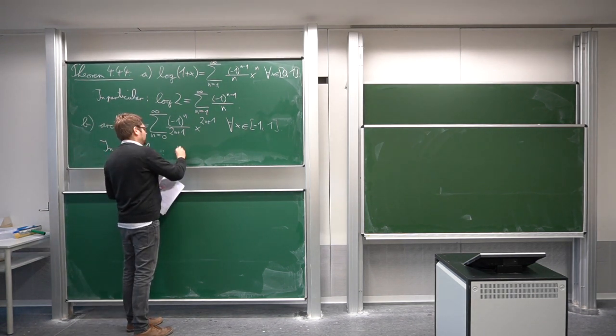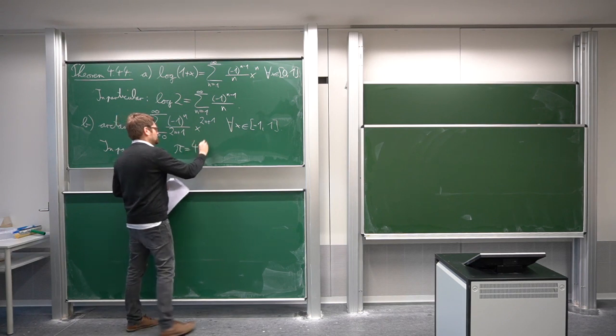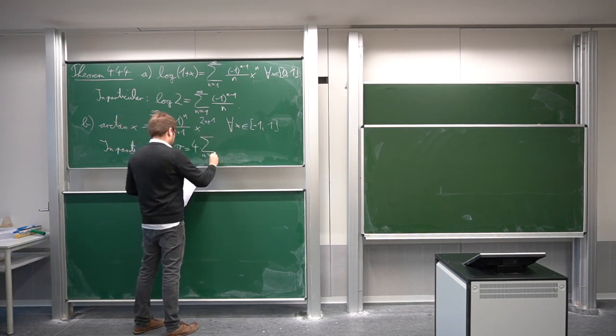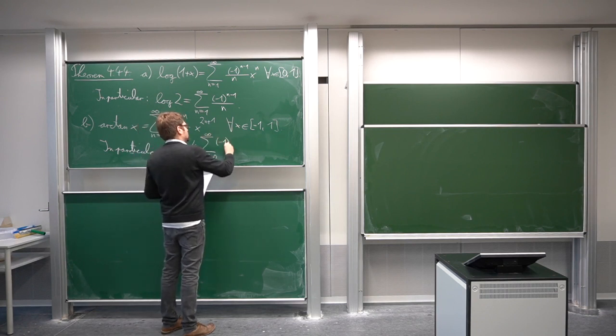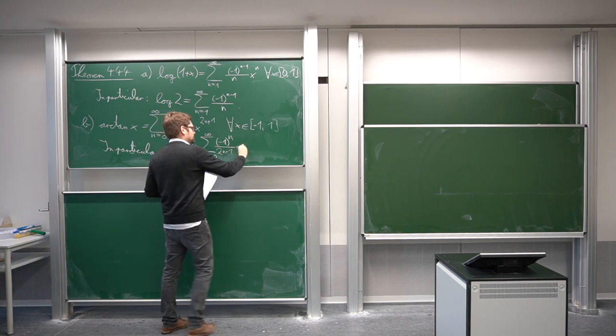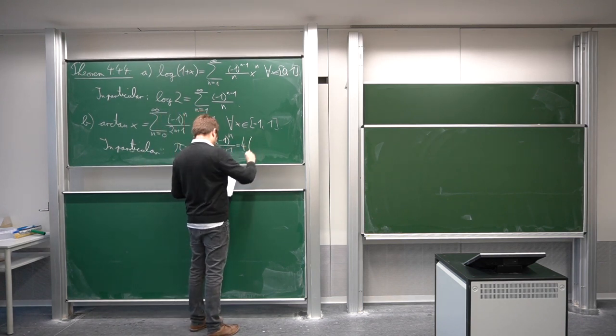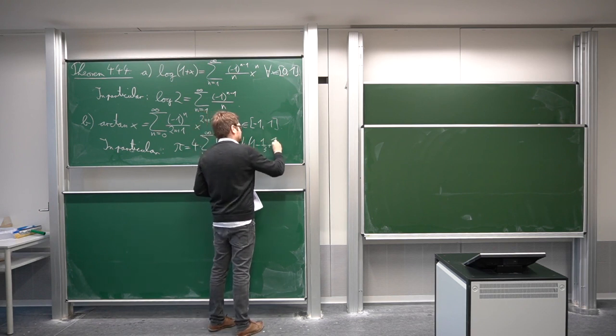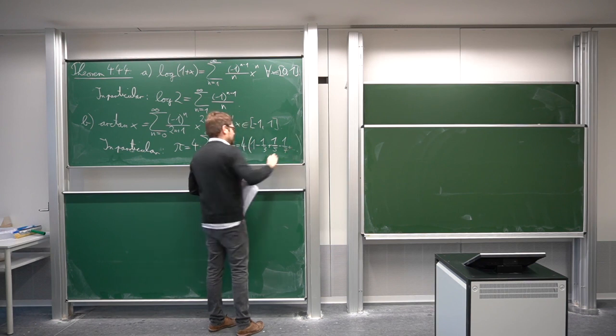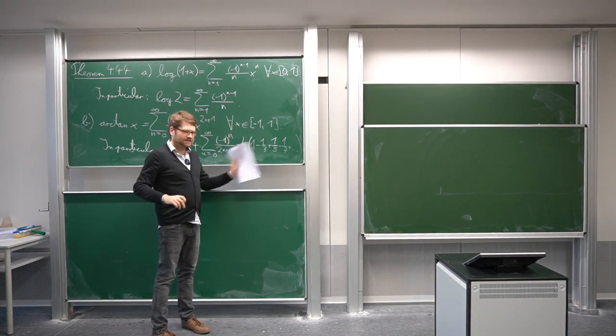Namely, it follows that pi is 4 times the sum from 0 to infinity of (minus 1) to the n, divided by 2n plus 1. So this is the same as 4 times (1 minus 1/3 plus 1/5 minus 1/7, and so on). So this is an interesting formula for pi.